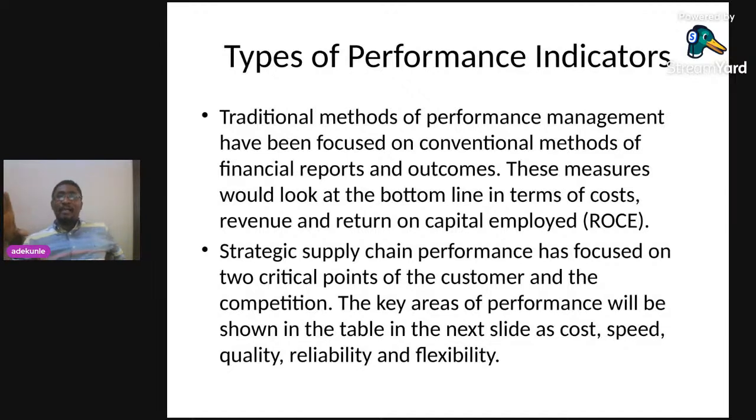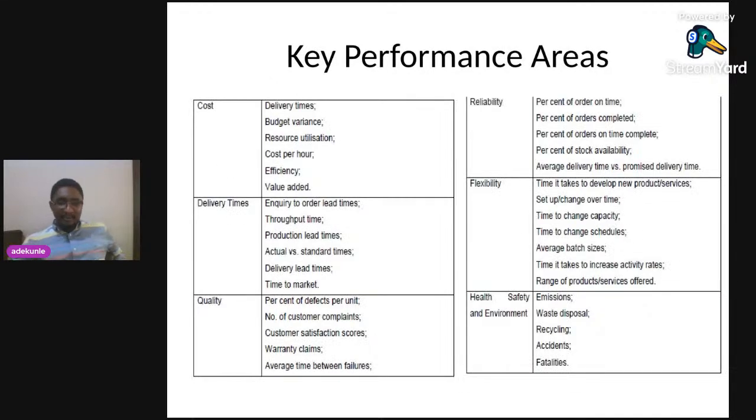But there's a departure. So definitely you can look at financial performance indicators, which are types. Then you have non-financial performance indicators, where we look at drivers like cost, speed, quality, reliability, and flexibility.